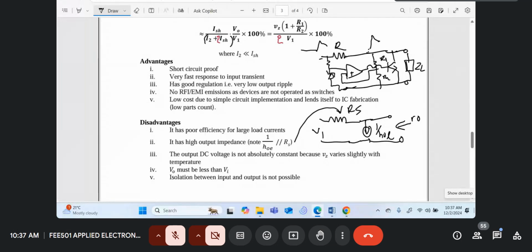The dynamic resistance is the slope. For a normal diode, the characteristic is like this, and for a Zener it's like that. This is positive, negative voltages. So we use the Zener, we reverse bias it.